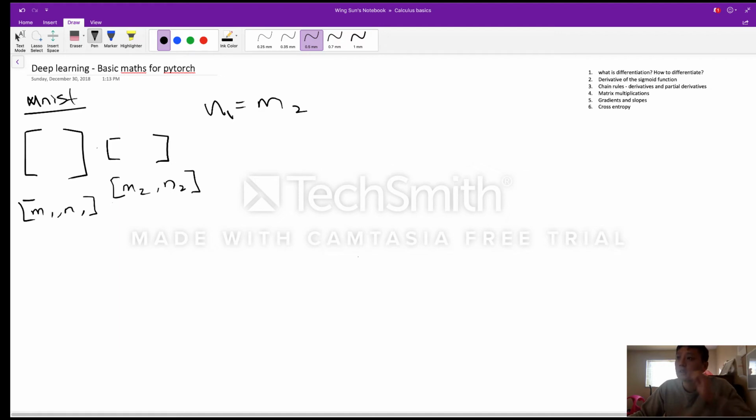And that's all you need to know. You don't really need to know how things are actually multiplied together, because PyTorch does everything for you. That's low level stuff, and you don't want to get caught up trying to understand how things are multiplied, because that's not the key issue here. All you need to understand is that the column of the first matrix has to equal the row of the second matrix.